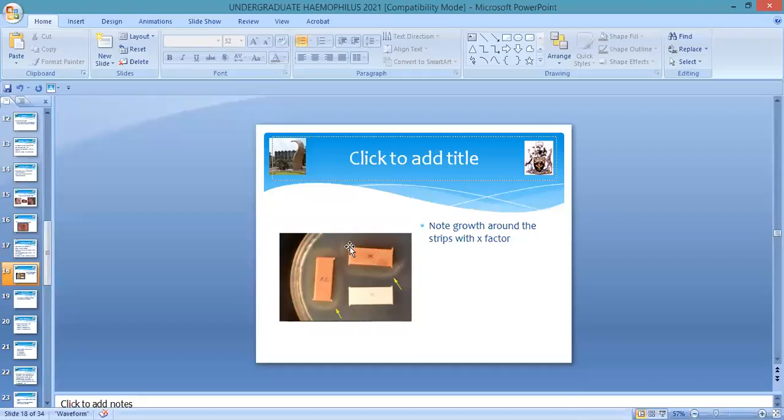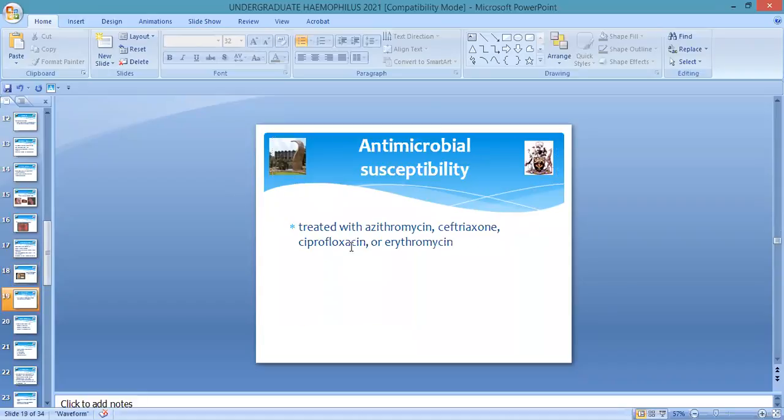And that's a clear indication of Haemophilus ducreyi. For parainfluenzae, it usually requires just the V factor. So you will see the opposite. You have growth around the V factor and also X and V. So that's for parainfluenzae. But for ducreyi, you only see growth where you have the X factor.